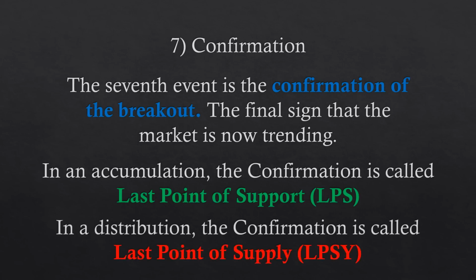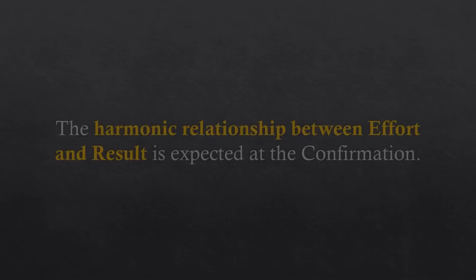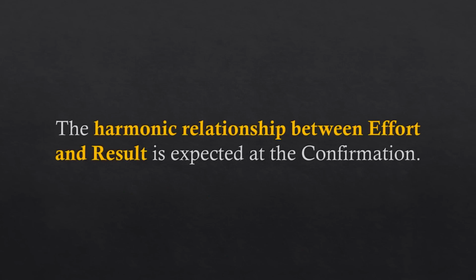The confirmation is usually a clear event in the chart. At this point, the trend will be in effect, and this is where the harmonic relationship between impulse and corrective price movements is expected: an increase in volume on impulse movements and a decrease in volume on corrective movements.